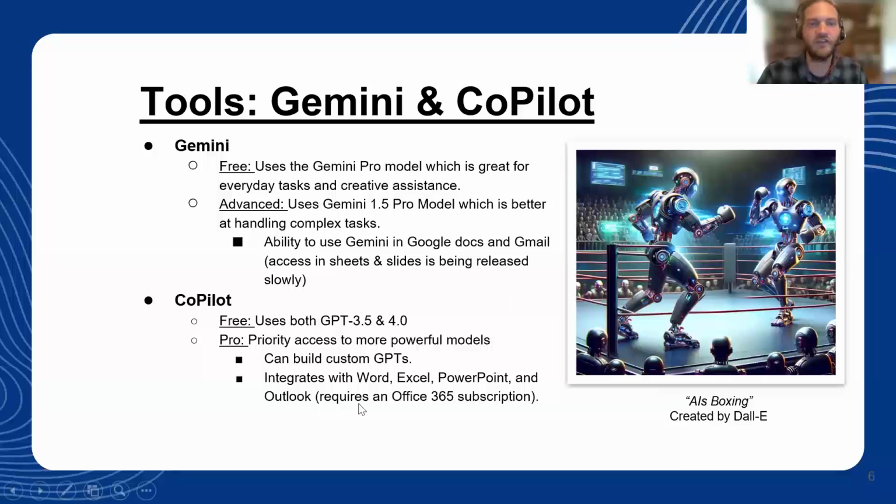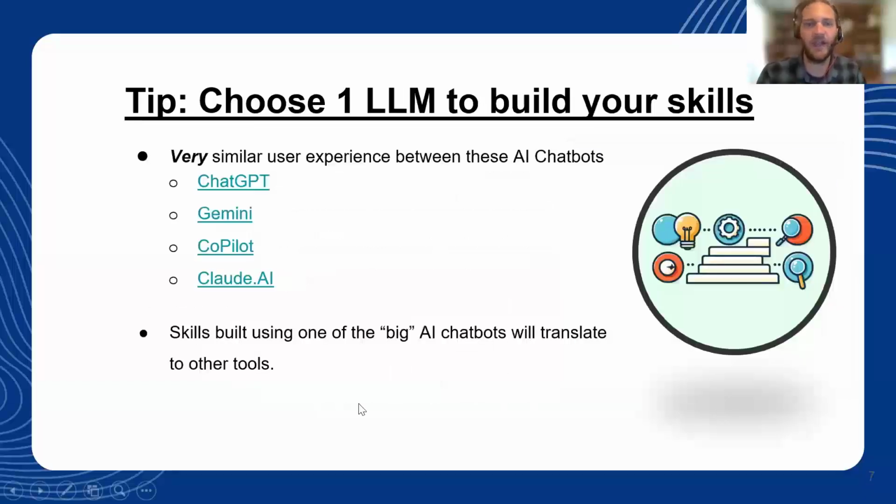But when you're getting started, one really key tip that I would want you to think about is choosing one large language model chatbot to build your skills. You're going to get a very similar user experience between these AI chatbots. If you're using ChatGPT or Gemini, they look really similar. Same with Copilot, or Claude.ai is another option.